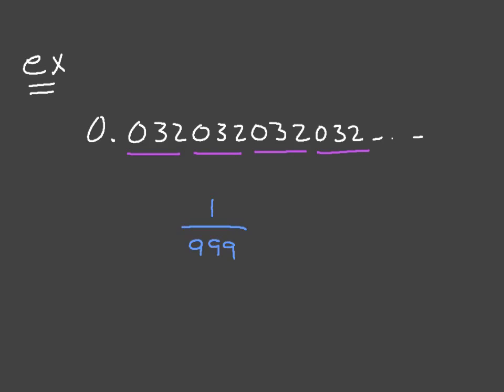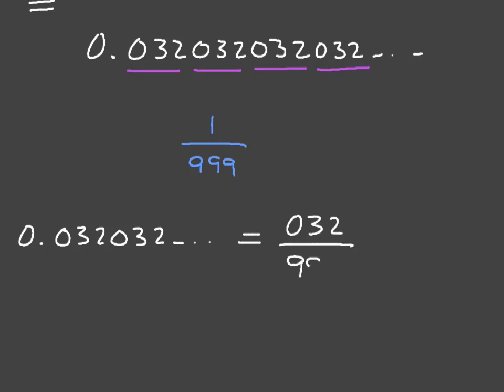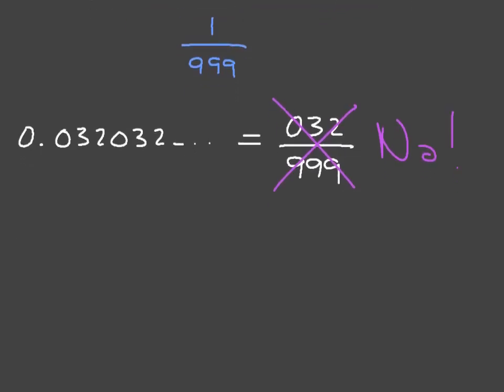But now, the number 032 doesn't really mean anything. In other words, we can't write 0.032, 032, etc. over 999. Writing this doesn't mean anything, so be careful of that. That's not what we do in this case. In this case, when there's a 0 which is the first repeating digit, we just don't write it.